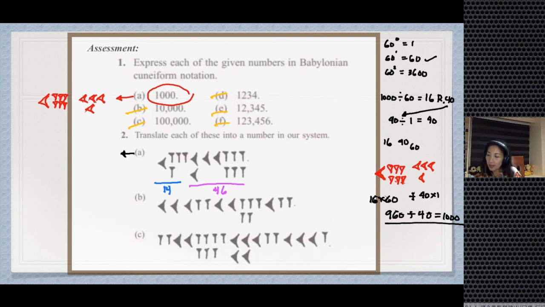So the first set should be multiplied by 1 and the second set should be multiplied by 60.